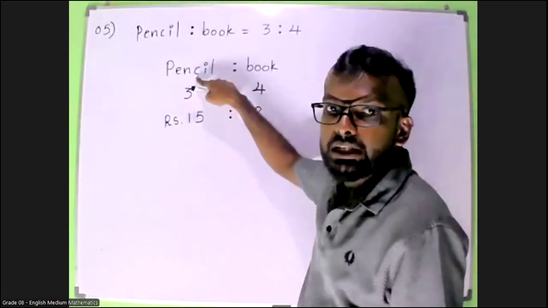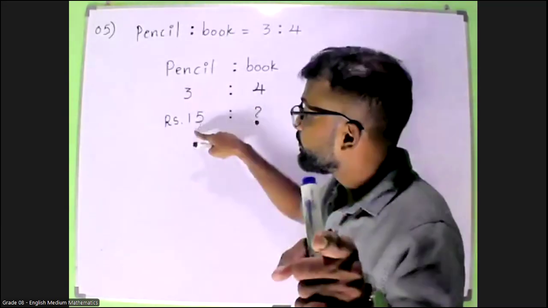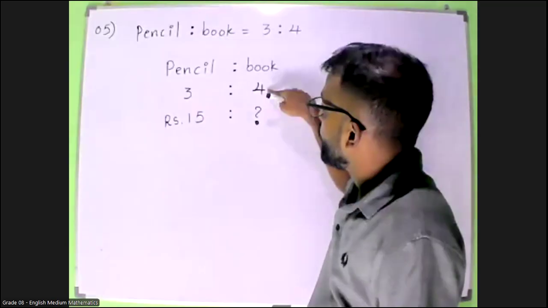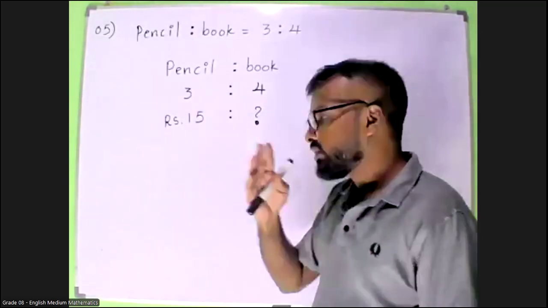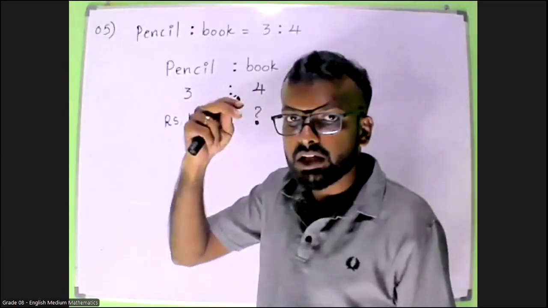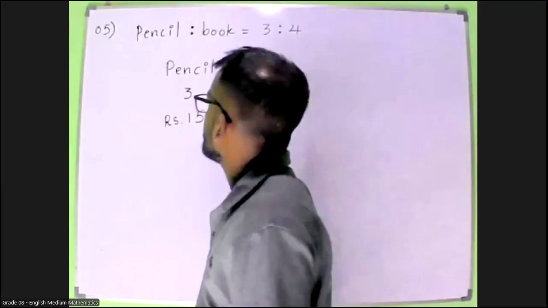3 parts of a pencil cost 15 rupees. 4 parts of a book cost how much? Now, you need to keep the parts in your mind.